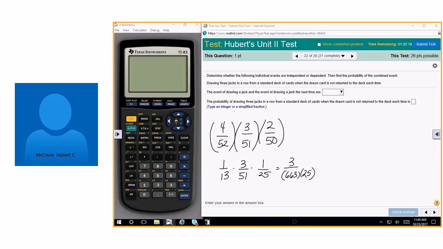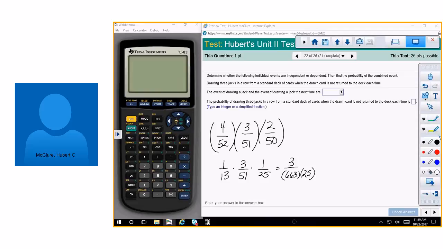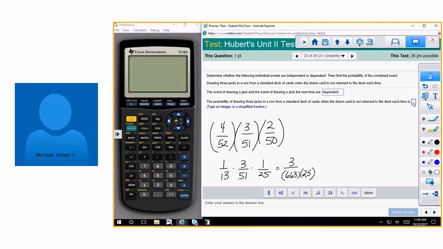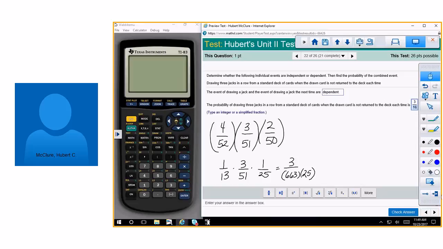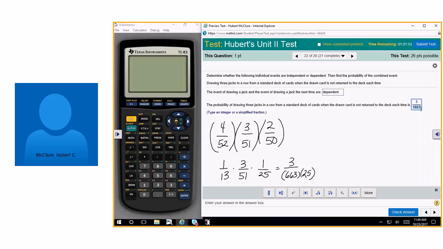So we've said it's dependent because it's without replacement, so that would be dependent. And somebody give me the fraction. 3 over what? 16. 3 over 16 what? 57. Hold on a minute. 575.